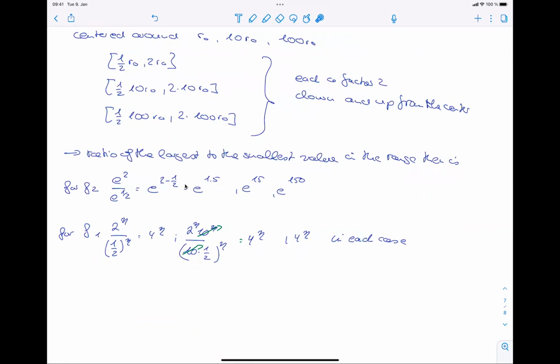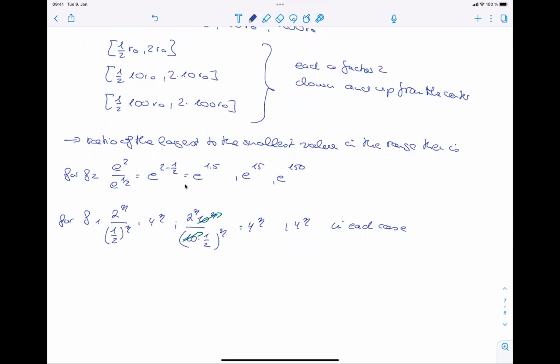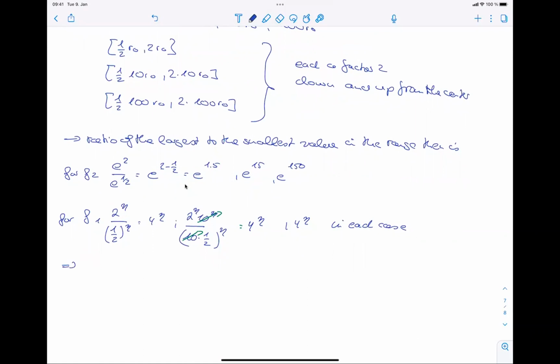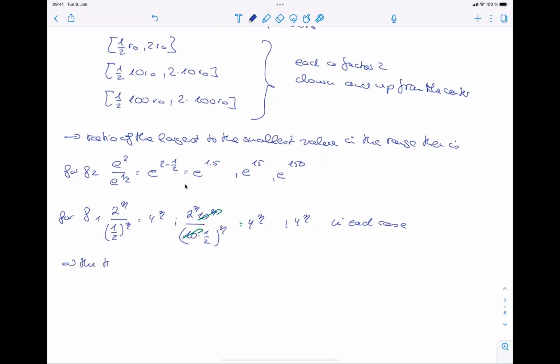So the ratio is independent and only depends on this parameter itself. So the three graphs of F1 can be superimposed by a simple change of scale.